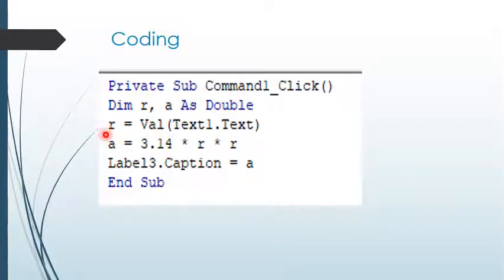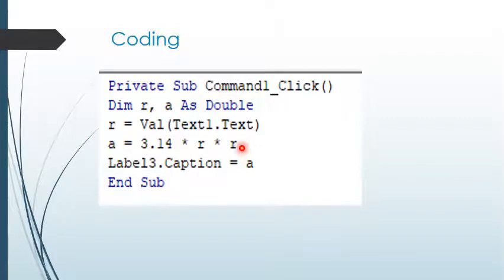After that, using this value, we are going to calculate the area of a circle. So we have written a = 3.14 * r * r, which actually means pi r square, which is the formula to calculate the area of a circle.